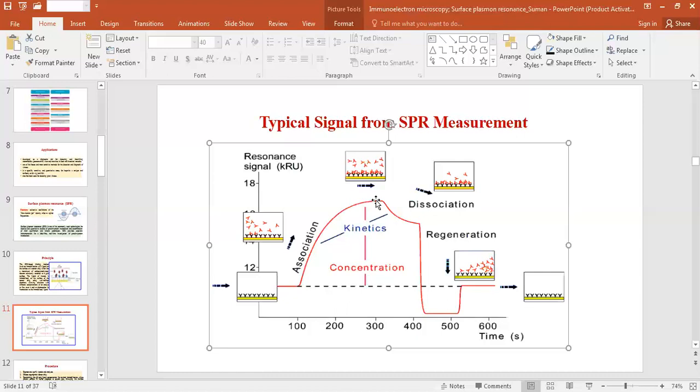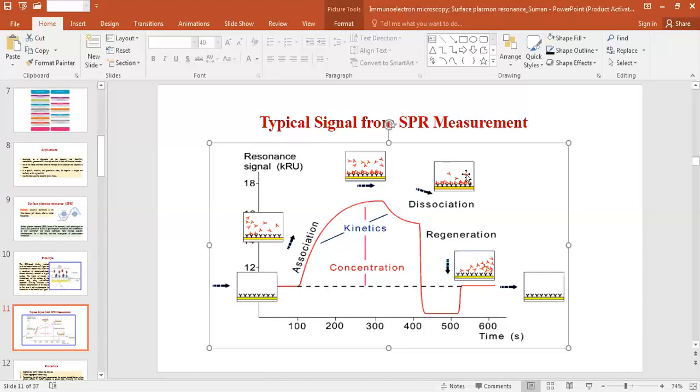The decrease in response after analyte injection is terminated is due to dissociation of the complex, defining the dissociation phase. In this phase you can see there is a constant fall. This fall is the dissociation between the two proteins.